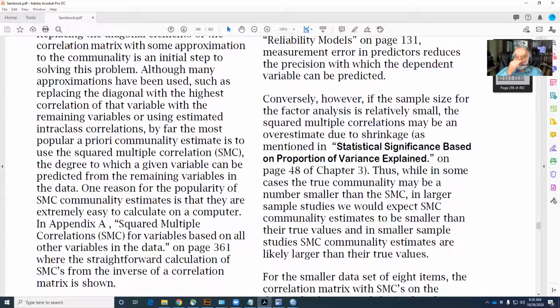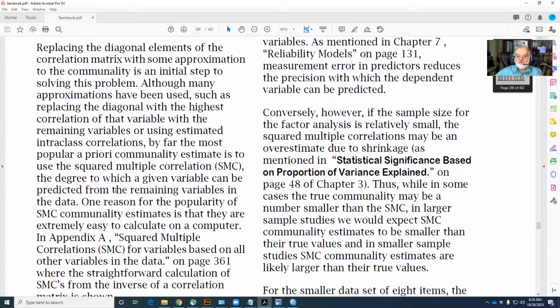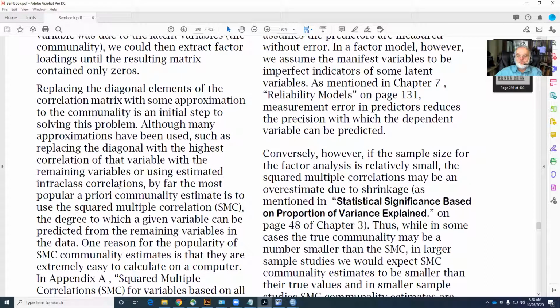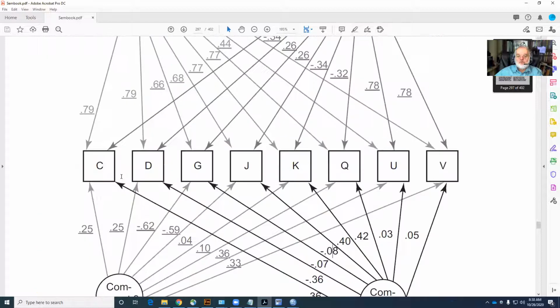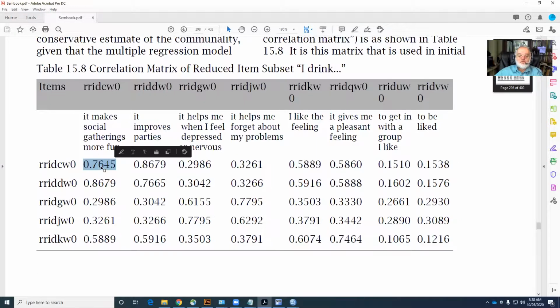The way that people writing factor analysis programs begin is the number that they stick in is called the squared multiple correlation. And if you go back to Appendix A, there's a reason why squared multiple correlations are kind of nice to look at. Mathematically, they're pretty easy to compute. A squared multiple correlation is the proportion of variance in a manifest variable that is explained by reference to all of the other variables you have.